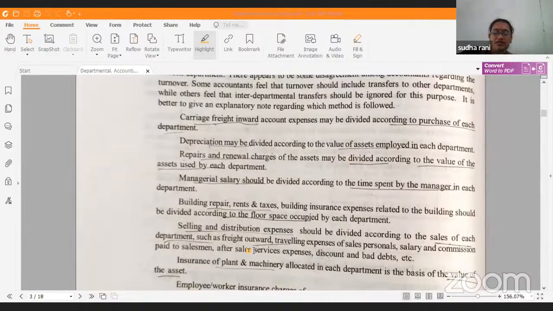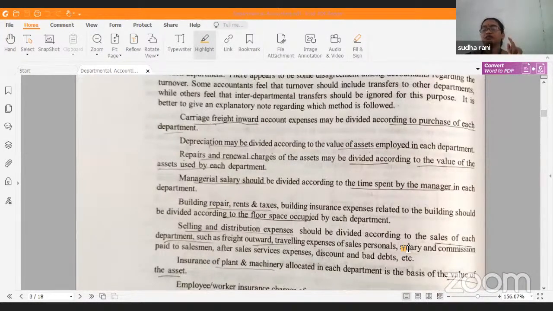The next one is insurance, plant and machinery. Insurance again is based on the value of assets. See, what all do we take on the value of assets? Repairs, renewals, insurance, depreciation. Then purchases like carriage inward, freight inward, are based on purchases.